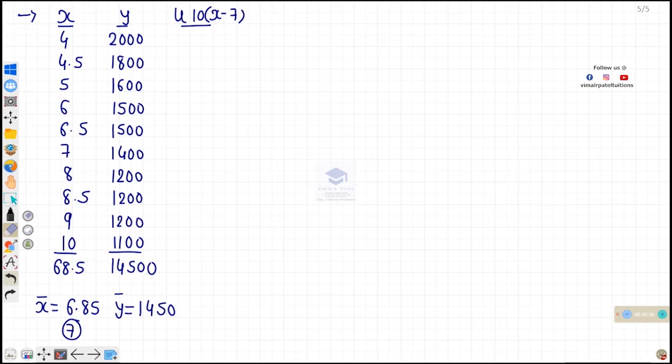4 minus 7 into 10. Your intention should be to minimize the value. X minus 7.